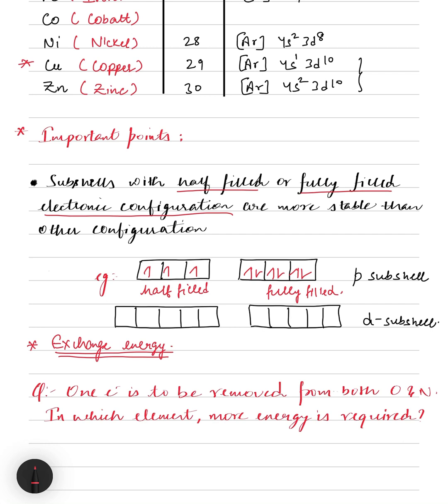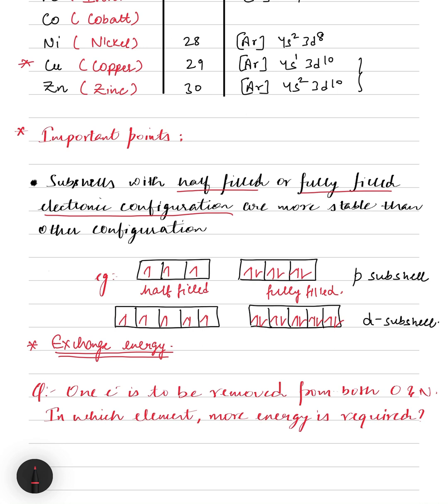Similarly, in the case of the d subshell, the half-filled will have 5 electrons and all the electrons will be of the same spin. And in the d subshell fully filled, 5 electrons will be of one spin and the remaining 5 electrons will be of opposite spin, like this. So this is how the d subshell is half-filled and fully filled.